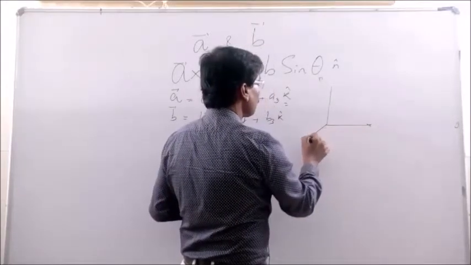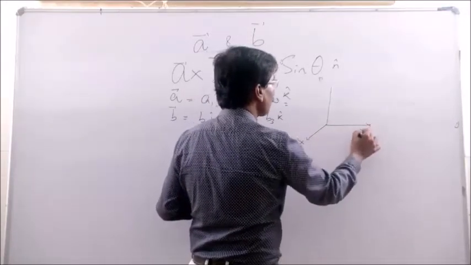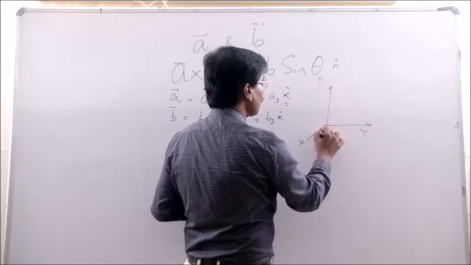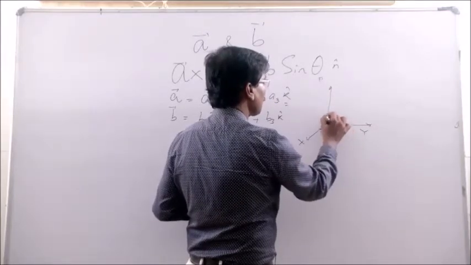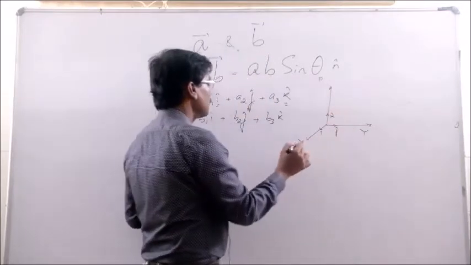So if we have three axes, x axis, y axis and z axis, i cap, j cap and k cap are unit vectors along x, y and z axis.